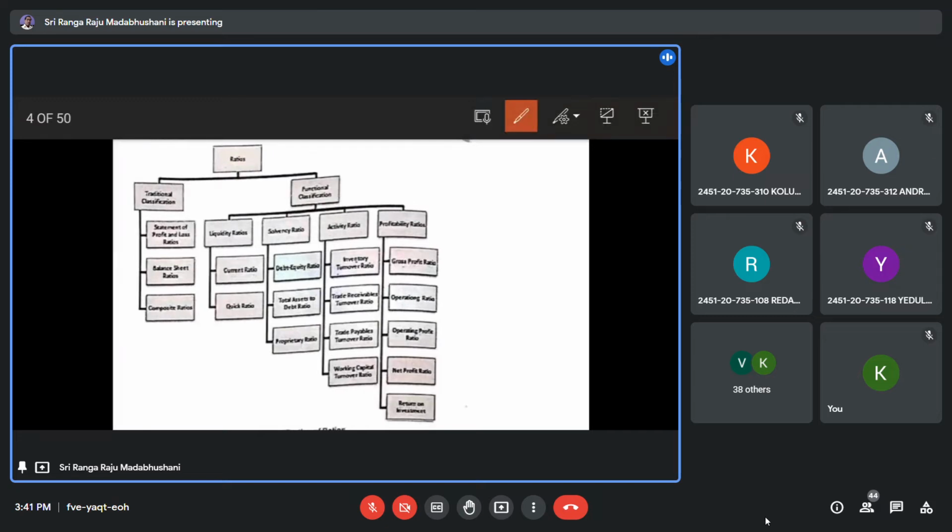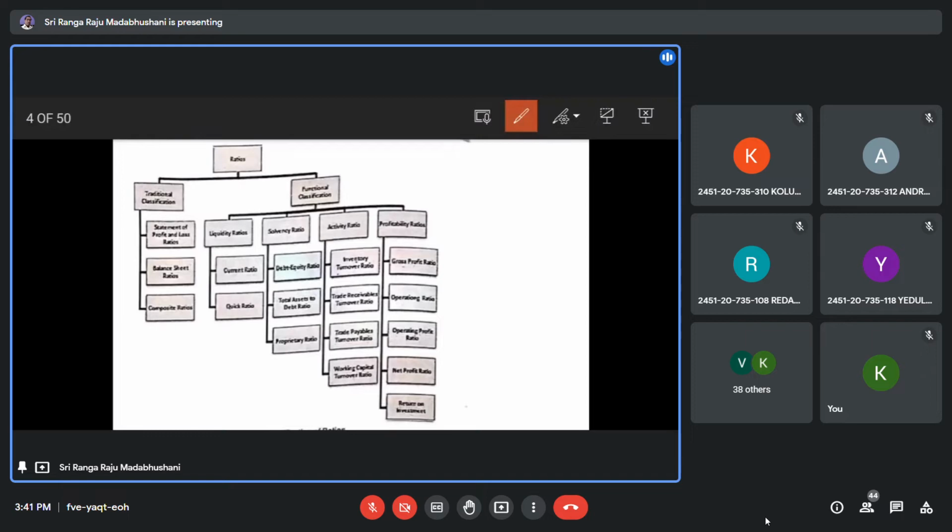So what is the ratio? Gross profit to sales, net profit to sales. Then in balance sheet ratios, you will find the relationship between your assets and liabilities, owner's investment and liability, owner's investment and assets, like that.